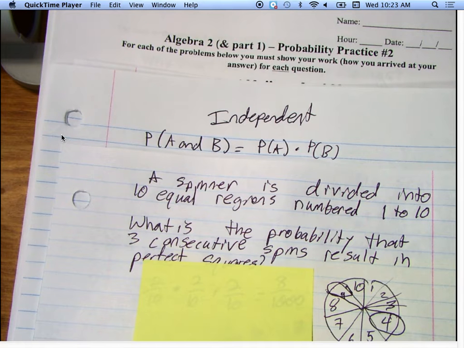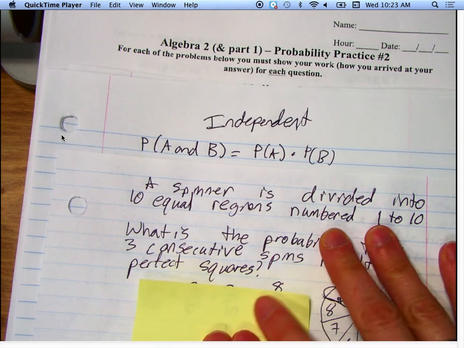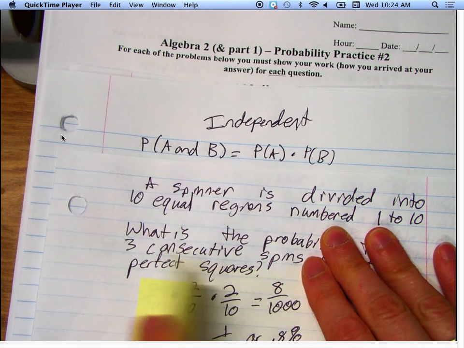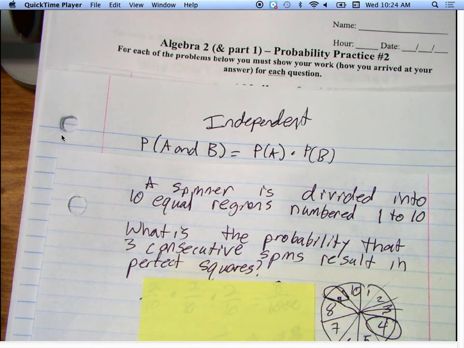Okay. And then a spinner is divided into 10 equal regions, numbered 1 through 10. What is the probability that 3 consecutive spins result in perfect squares?